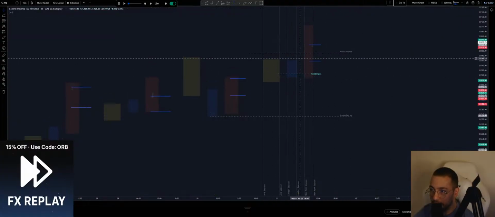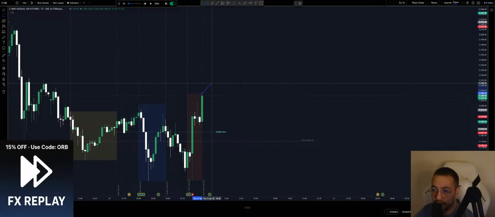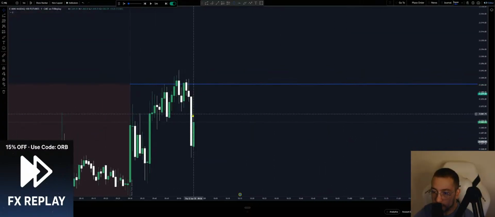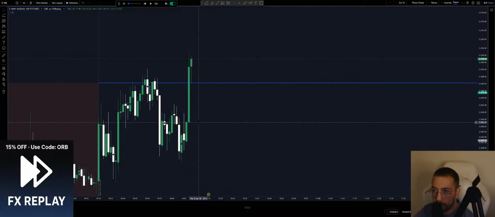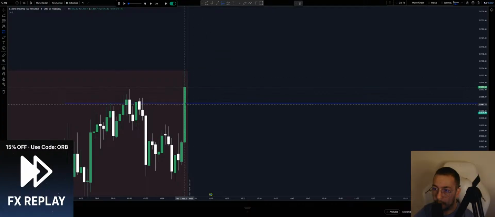Maybe market order is better, but I'm just not a big fan of entering right out of the range. Just don't like it. Okay, give us an entry and also tag us in.